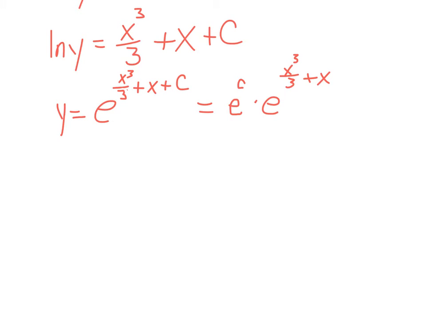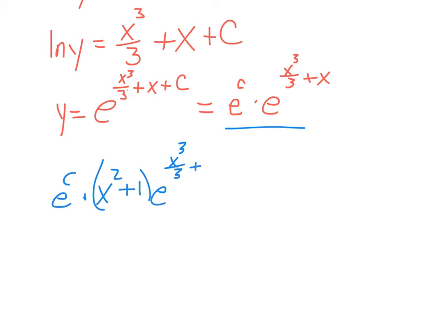So if we take the derivative of our answer here, we'll leave that part alone, that's our constant, times the derivative of our exponent, which is x squared plus 1, times that. And we're saying that equals y, and so I'm going to leave a little bit of room, y times (x squared plus 1).